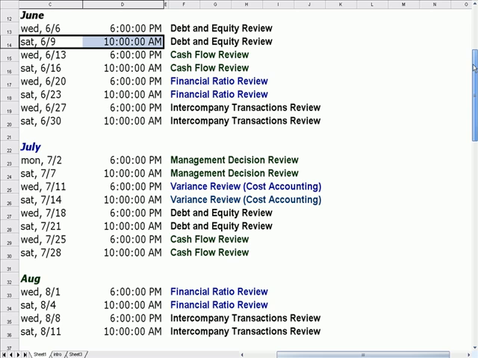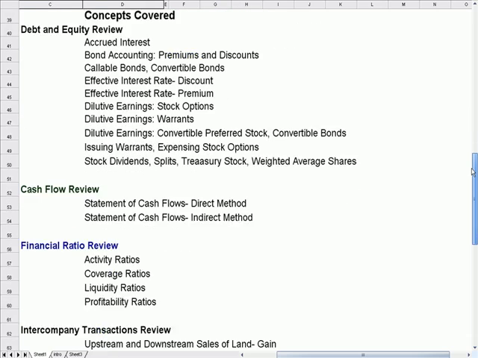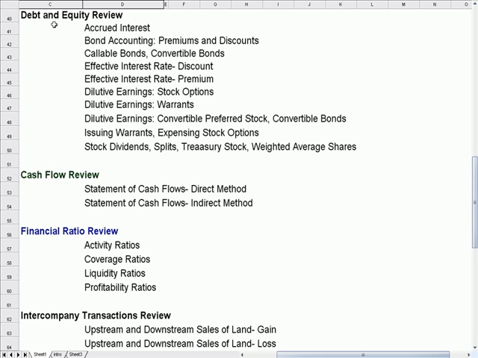So you've got the list there in front of you. And here's some specific topics we're going to cover. Debt and equity review: accrued interest, premiums and discounts on bonds, one of the toughest subjects that students come to me with. Bonds that are callable, that have call features, and convertible bonds. The effective interest rate of amortizing a discount and a premium.